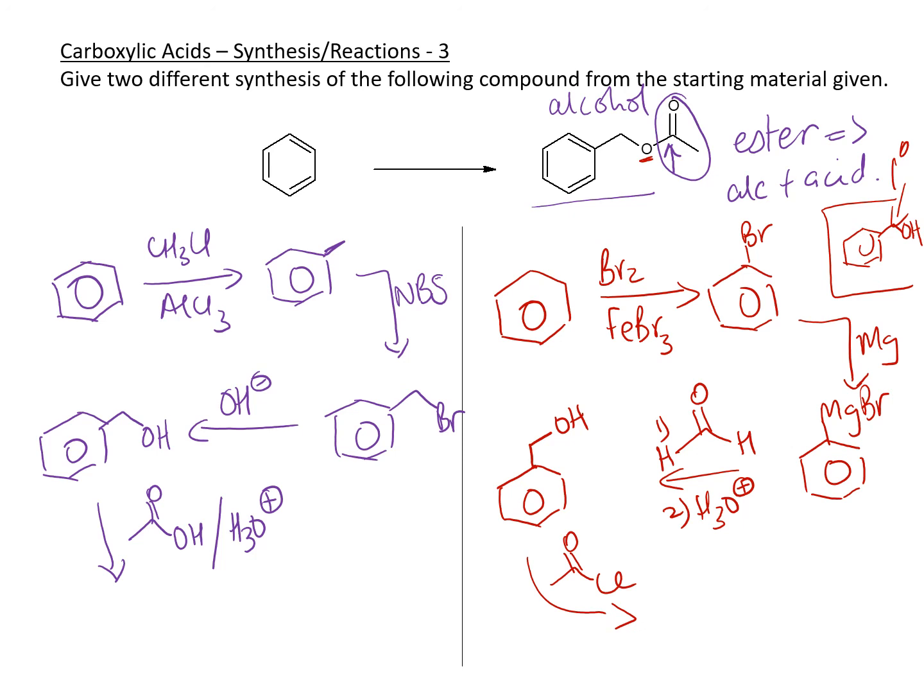You can add acyl chloride, anhydride, or acid. So just to have a slightly different synthesis from what we did before, we'll use acyl chloride in there. And that's it. These are the two syntheses. Maybe there's another one that you can come up with. I don't know. If you do, that's fantastic. But in any case, here are the two syntheses.